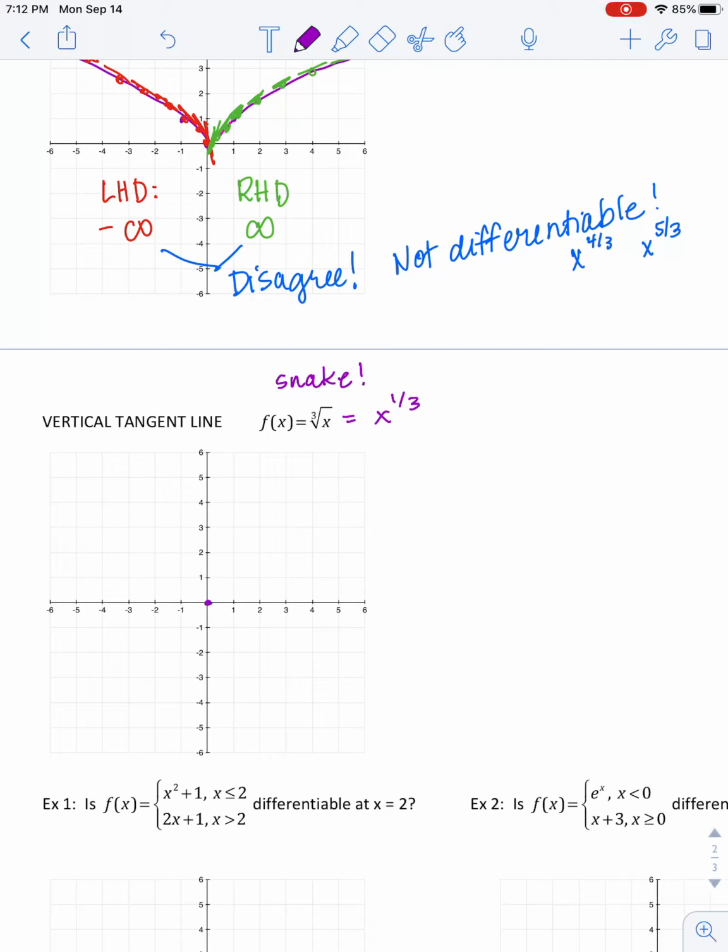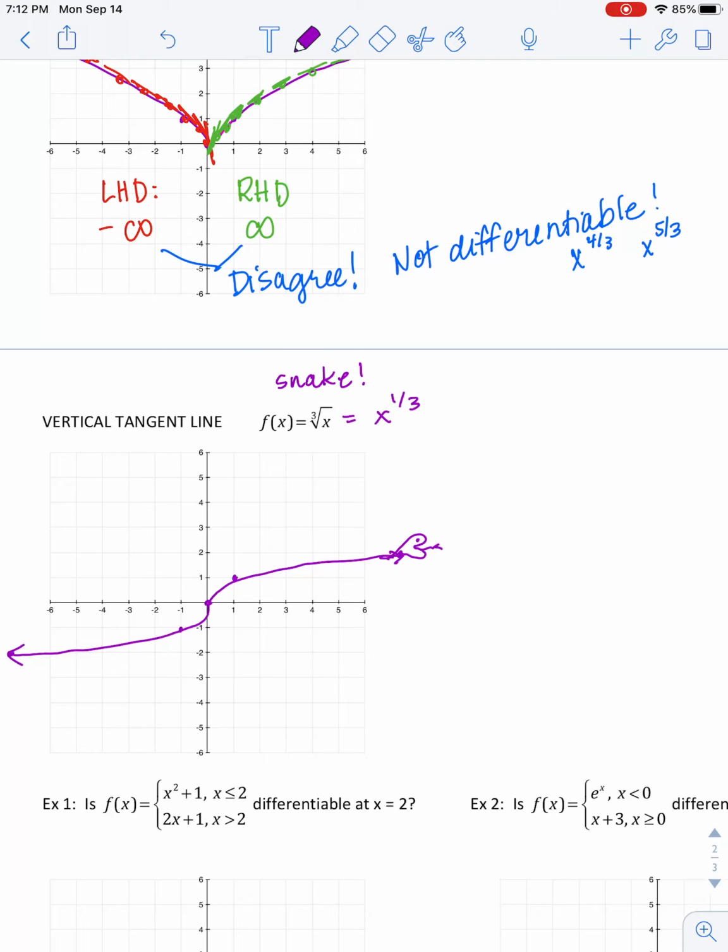It goes through 0, 0, it goes through 1, 1, and then at 8 it goes through 2, and at -8 it goes through -2. Let's see how well I can draw this. A slithery snake is always what I picture when I picture this function.